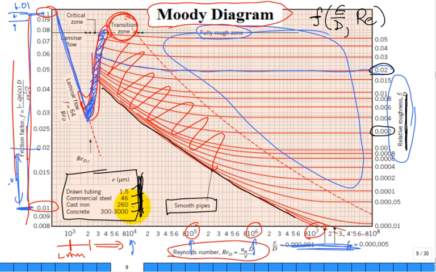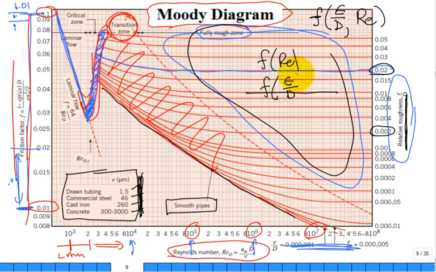But what about out in this fully rough zone? The lines are flat. Does that mean the friction factor is only a function of Reynolds number, or does it mean that the friction factor is only a function of the relative roughness in that region? A or B?